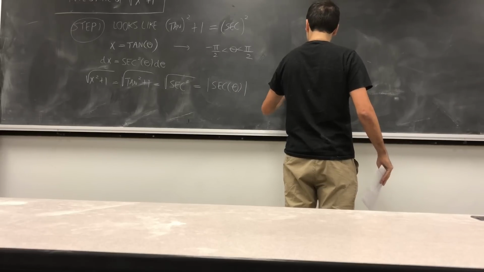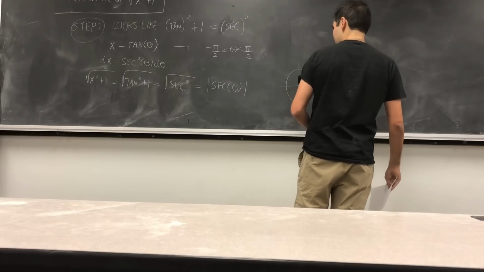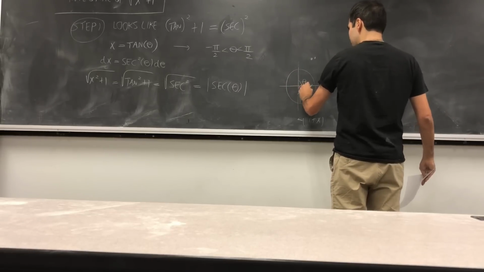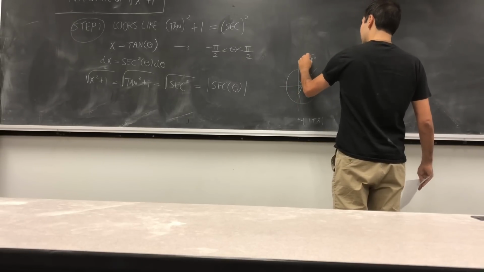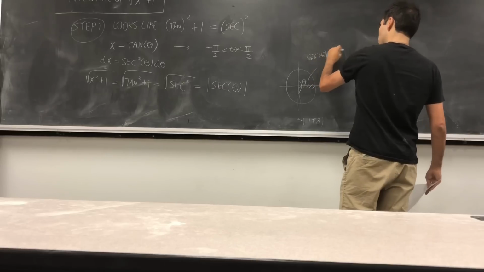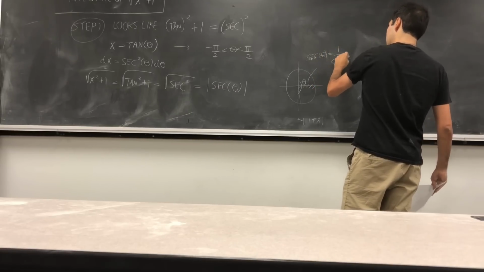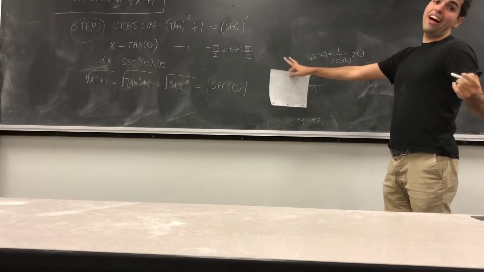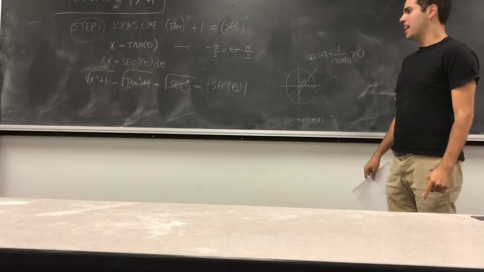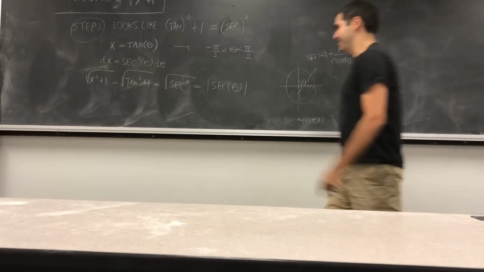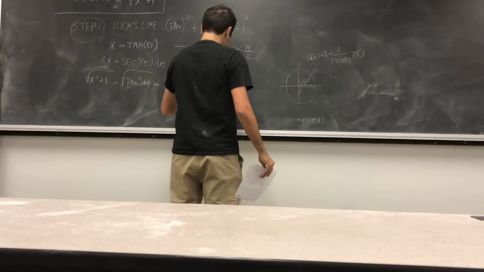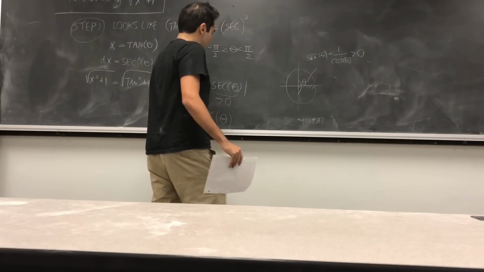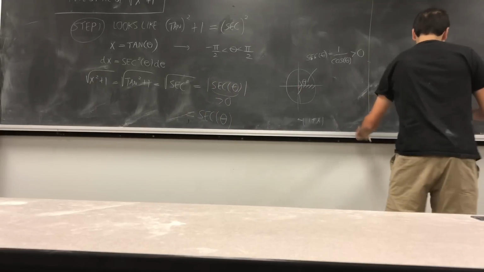suppose your angle is between minus pi over 2 and pi over 2. So in other words, this region here, notice that secant of theta, which is 1 over cosine of theta, is in fact positive here. Which means if you made the mistake of removing the absolute values, here you're lucky, because here it does work. This function is positive, so you can legitimately say that this is secant of theta.